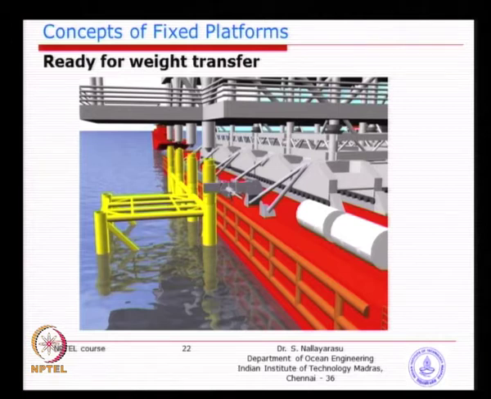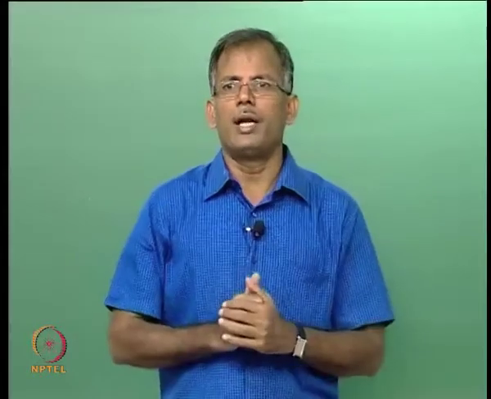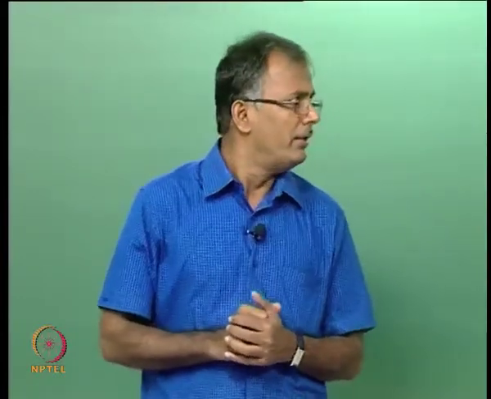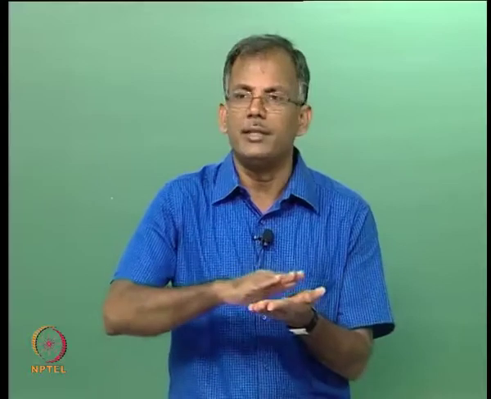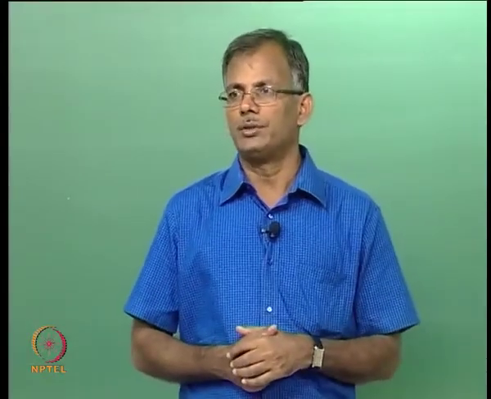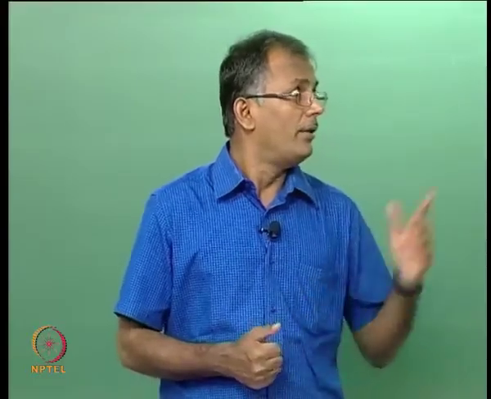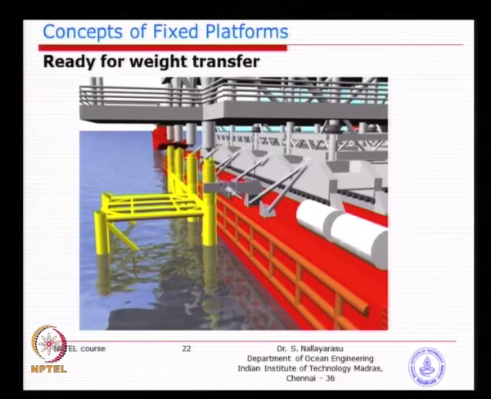But imagine whatever we do, we still will see that the load transfer could be slightly dynamic. It will not be like taking the weight and then just nicely placing it. So, you will see that there will be an impact force, because it is sudden. And you also see it is not one support, you got a series of supports on the left side, a series on the right side.